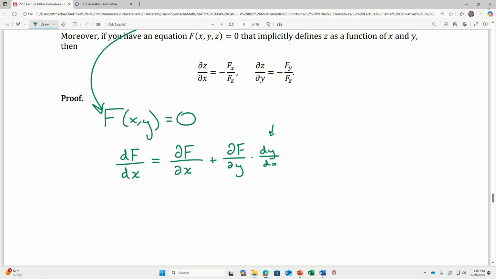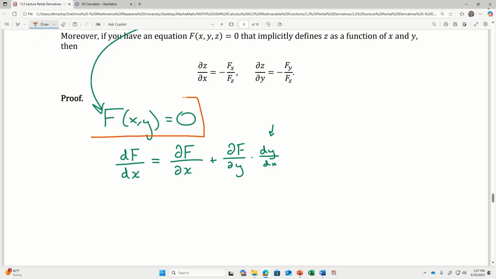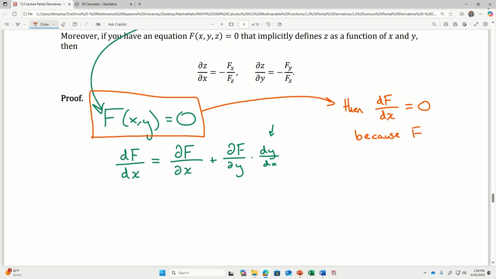Maybe the first thing I should note, though, is that if this function is identical to 0 for every valid choice of x and y, then the change in F with respect to anything is 0 because F is 0.